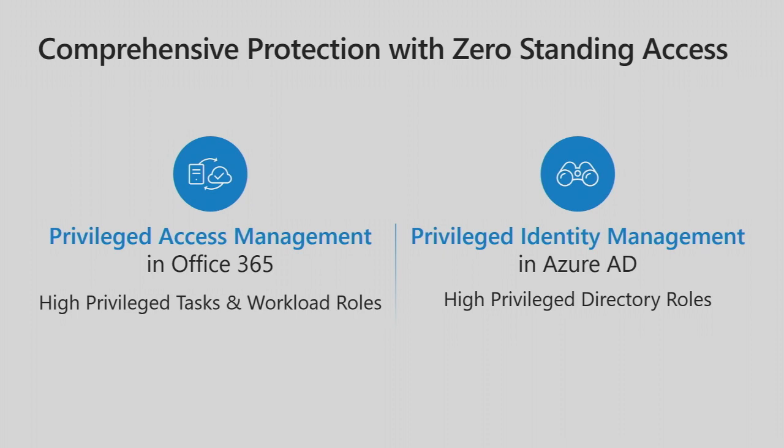Privileged identity management in Azure AD provides just-in-time access to directory roles, the privileged roles that are exposed in Azure Active Directory. And PAM in Office 365 provides JIT access to high privileged tasks that exist in workloads and other workload-specific roles which are not exposed in Azure Active Directory.